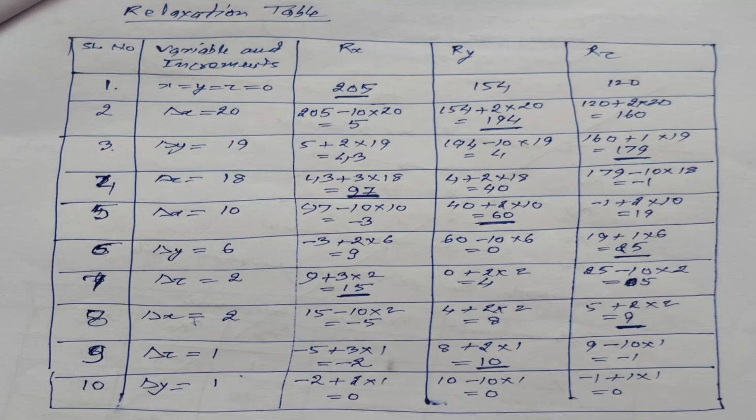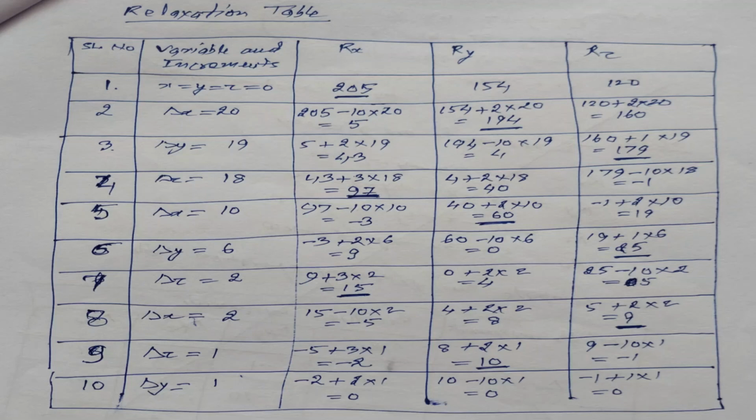So, we take delta z equal to 2, and then Rz becomes 25 minus 10 into 2 equal to 5. Correspondingly, Rx becomes 9 plus 3 into 2 equal to 15, and Ry becomes 0 plus 2 into 2 equal to 4.